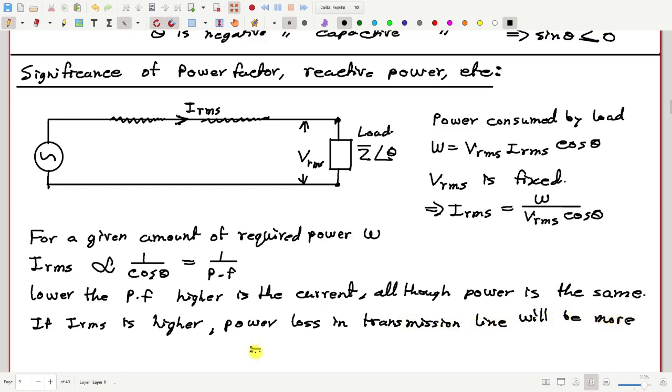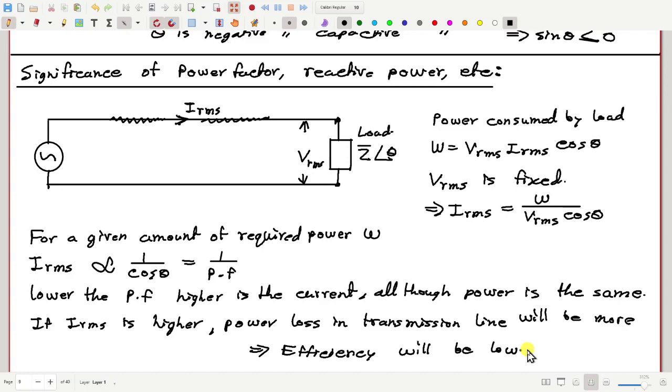Therefore, the efficiency of this power supply system will be low. More power is lost compared to how much is actually used. Therefore, it is always good to have a higher power factor.